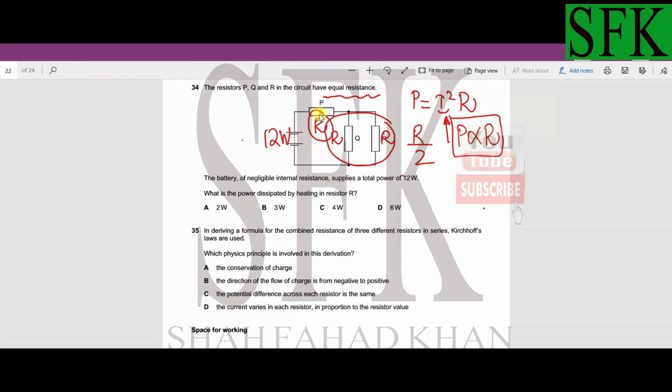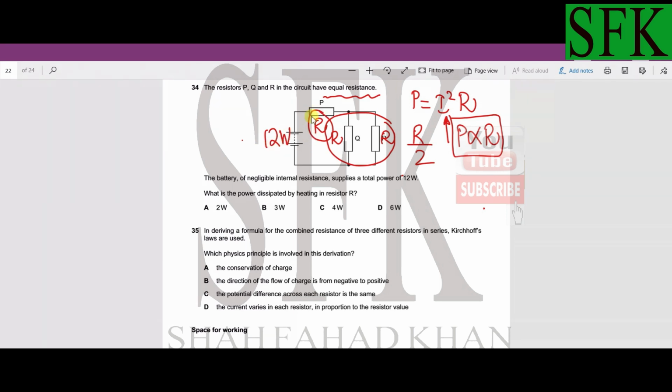The power will be dissipated across P and across Q and R combined in the same ratio as their resistances. Since the resistance of P is R and the resistance of Q and R combined is R upon 2, the power loss across P is going to be double the power loss across Q and R, because the resistance of P alone is double the resistance of Q and R collectively.